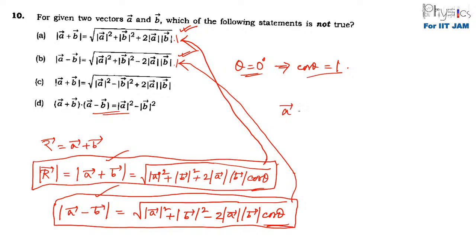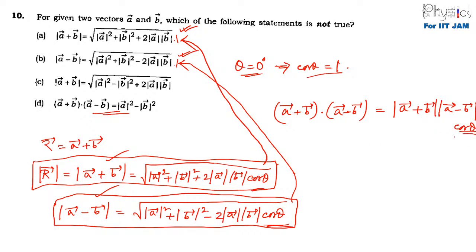We get a vector plus b vector dot a vector minus b vector equal mod of a vector plus b vector multiplied by mod of a vector minus b vector into cos theta.